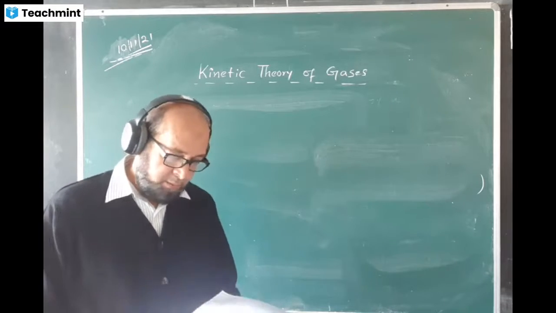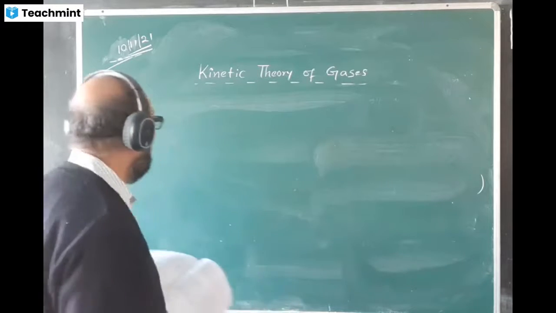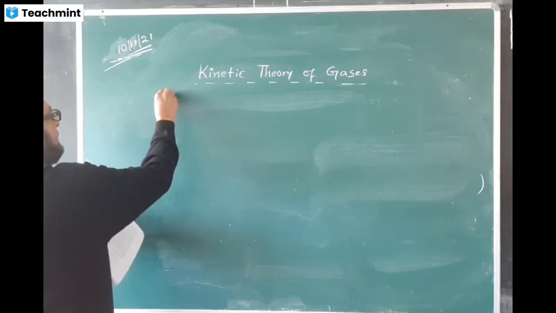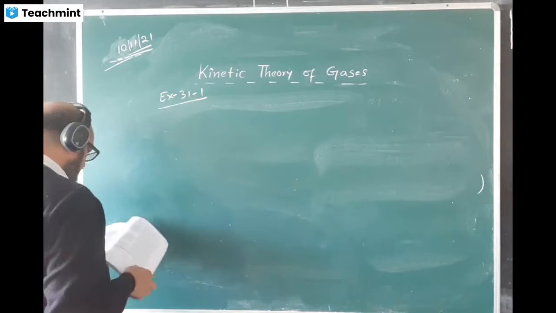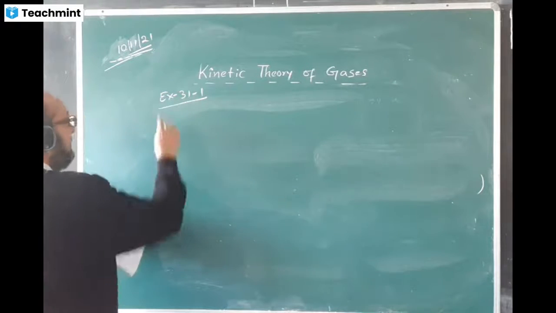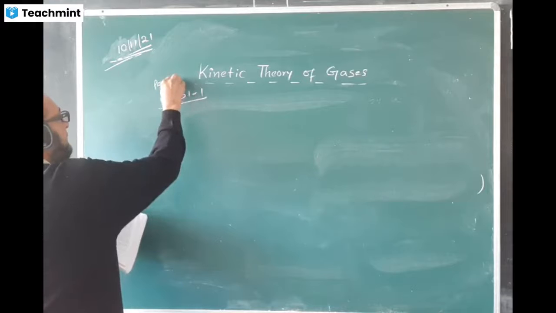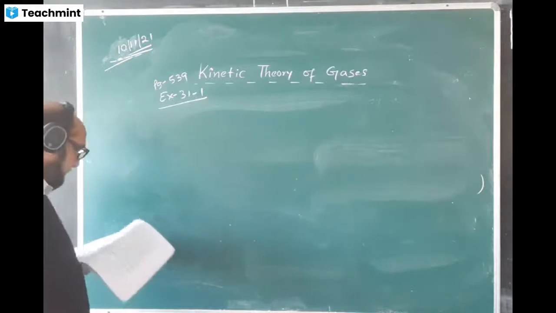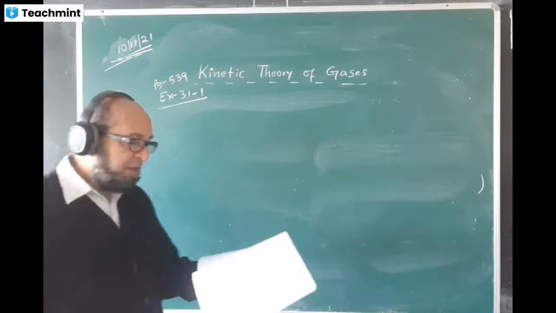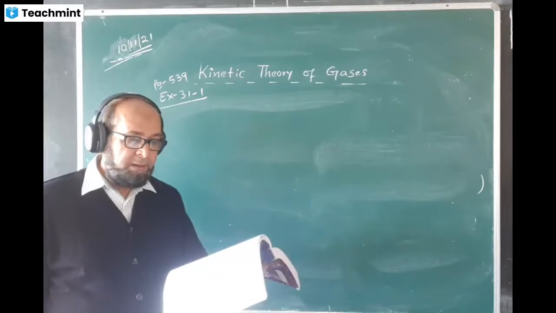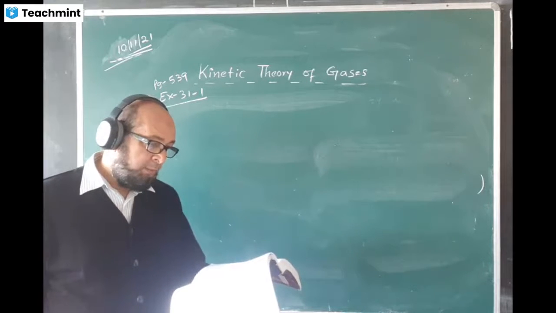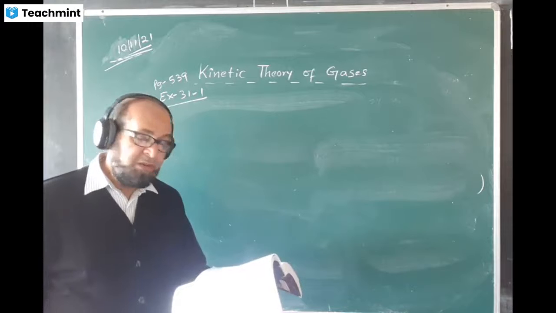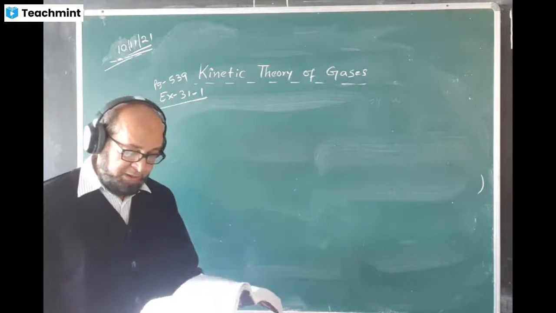We start with the example. Example 31-1, page number 539. If the density of hydrogen at STP is 0.09 kg per meter cube, compute the RMS velocity of its molecules at 0 degree Celsius.